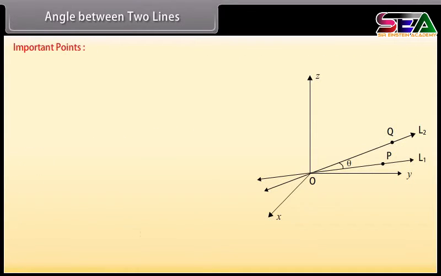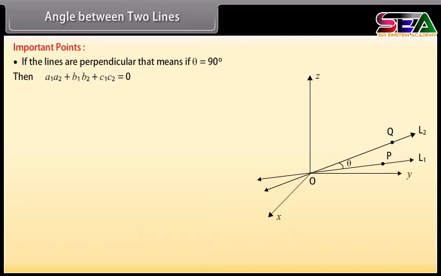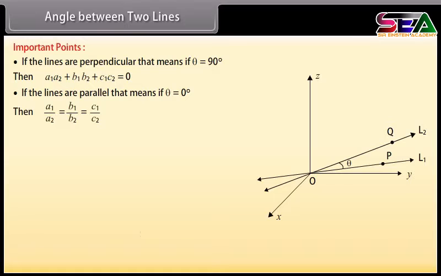Important points. If the lines are perpendicular, that means if theta is equal to 90 degrees, then a1a2 plus b1b2 plus c1c2 equals 0. If the lines are parallel, that means if theta is equal to 0 degrees, then a1 by a2 equals b1 by b2 equals c1 by c2.